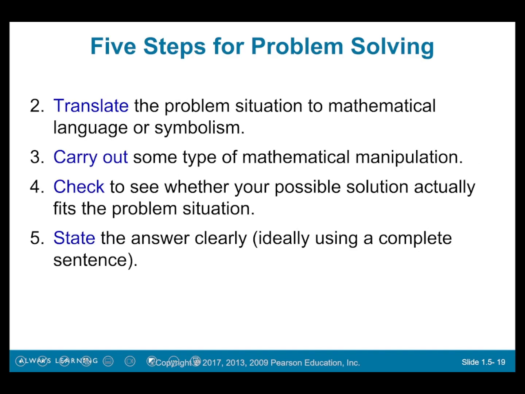Once you've done that, then you want to translate the problem into a mathematical language or symbol. You want to carry out as much of the mathematical manipulation as you can. Check your answer if you can to see if the solution actually works. And then state the answer clearly, ideally using a complete sentence.